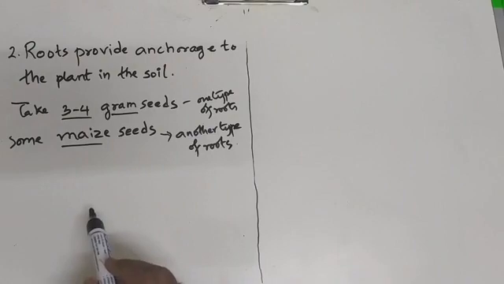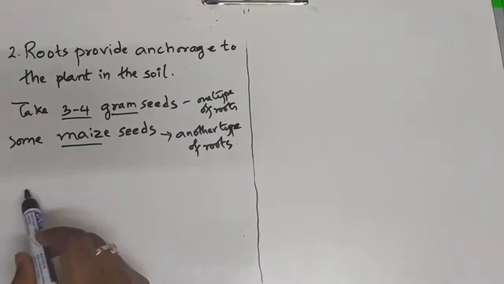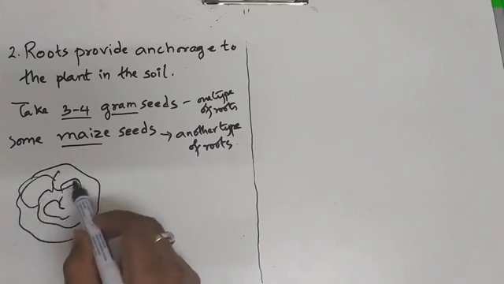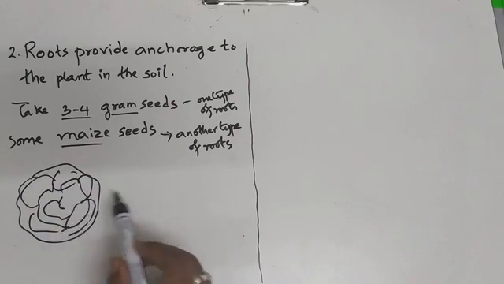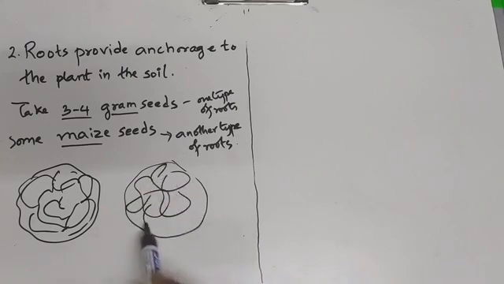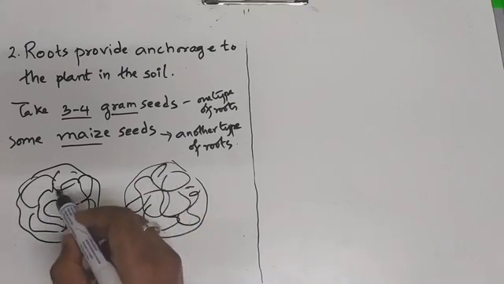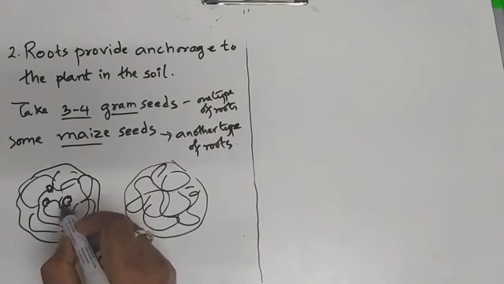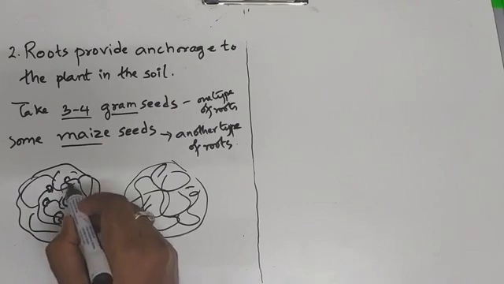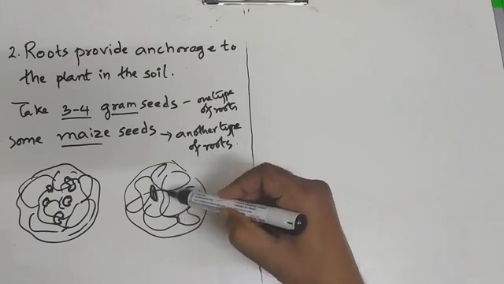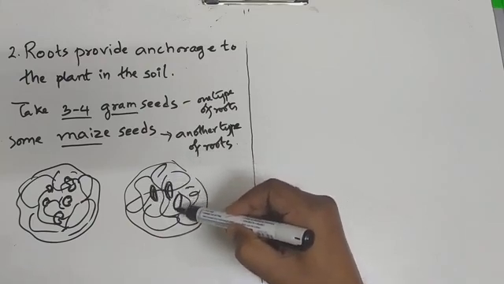You have taken 3 to 4 gram seeds and some maize seeds. You have taken some cotton wool. In one particular cotton wool you have kept these gram seeds, and in this one, maize seeds you have kept. Right?